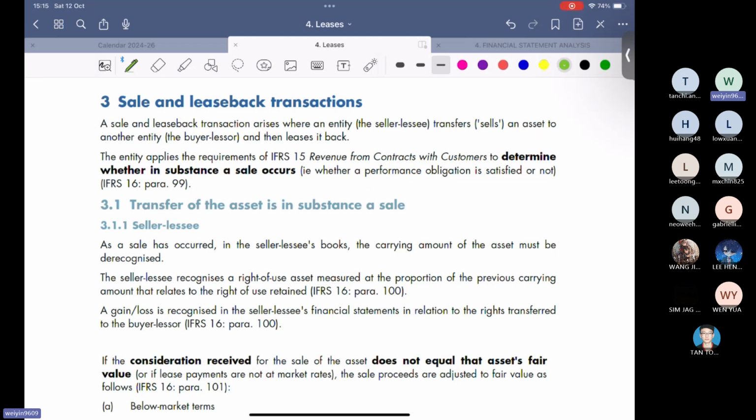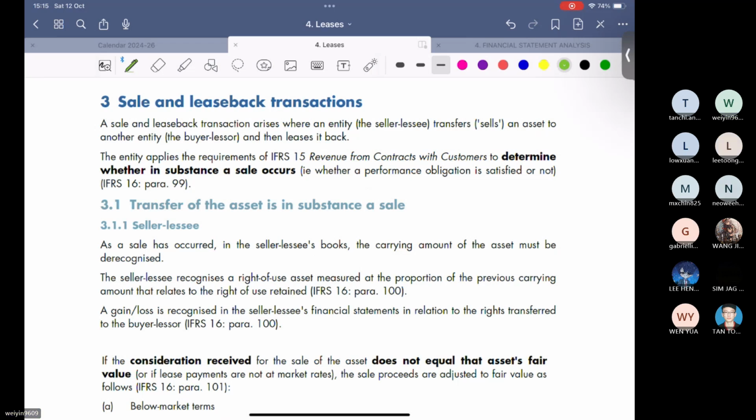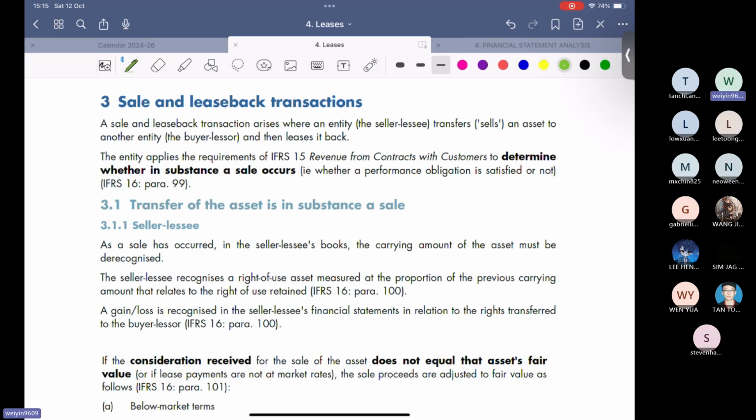Sales and leaseback transactions are situations where the entity transfers the asset to another entity and then leases it back. So that means I'm the owner at the beginning. I sell my asset to you. After that, I lease it from you under the lease contract.